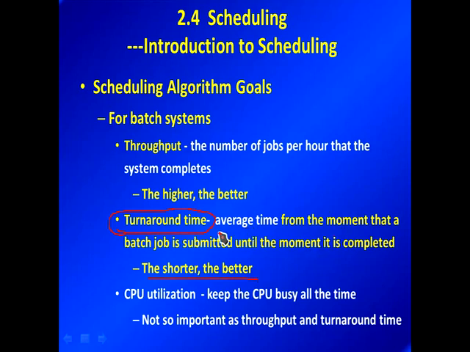The shorter, the better. So what is turnaround time? Turnaround time is the average value over a batch of jobs. A batch of jobs consists of maybe 4 or 5 jobs, and each job has its own turnaround time, and we need to calculate the average. Each job's turnaround time is from the moment that this job is submitted until the moment it is completed.